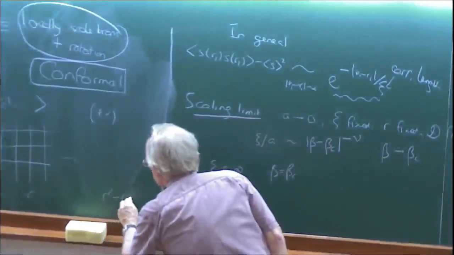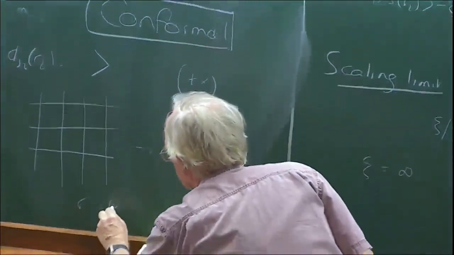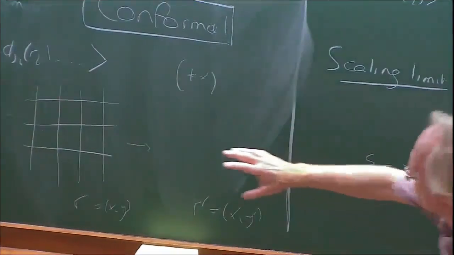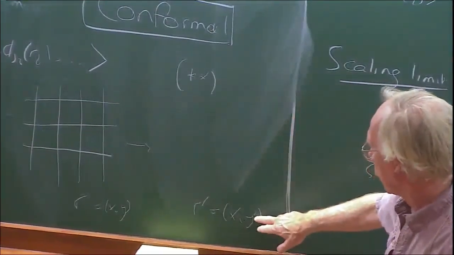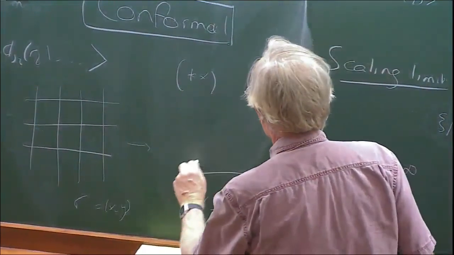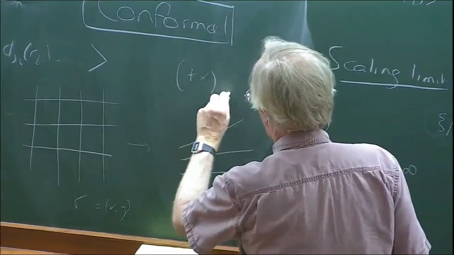So if this is x prime and y prime, and this is xy, I'm going to draw in the original plane the lines of constant x prime and y prime. And they're going to look something like this.